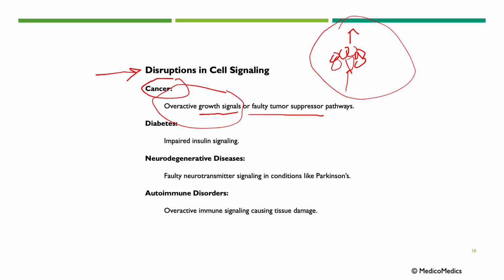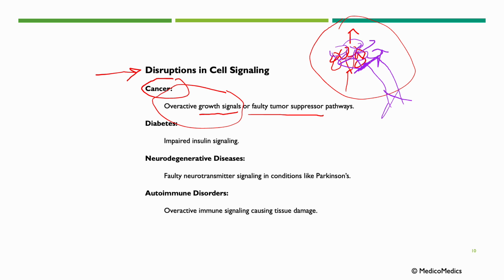Or we have other pathways that are supposed to signal that these cells are not supposed to be dividing. Like we have tumor suppressor genes, for example. If they are not functional, if they are not signaling the way they're supposed to, we won't have the tumor suppressor in place. So this overgrowth can also keep occurring.